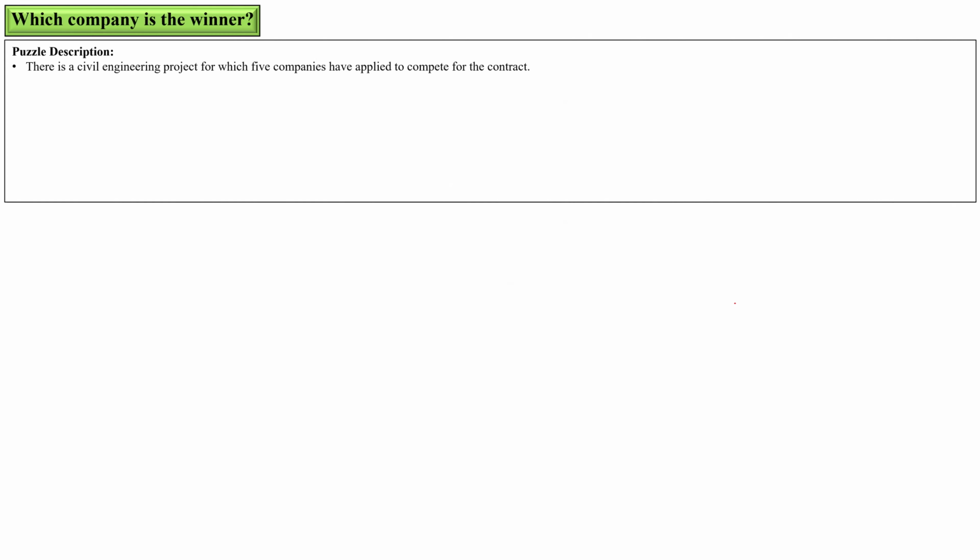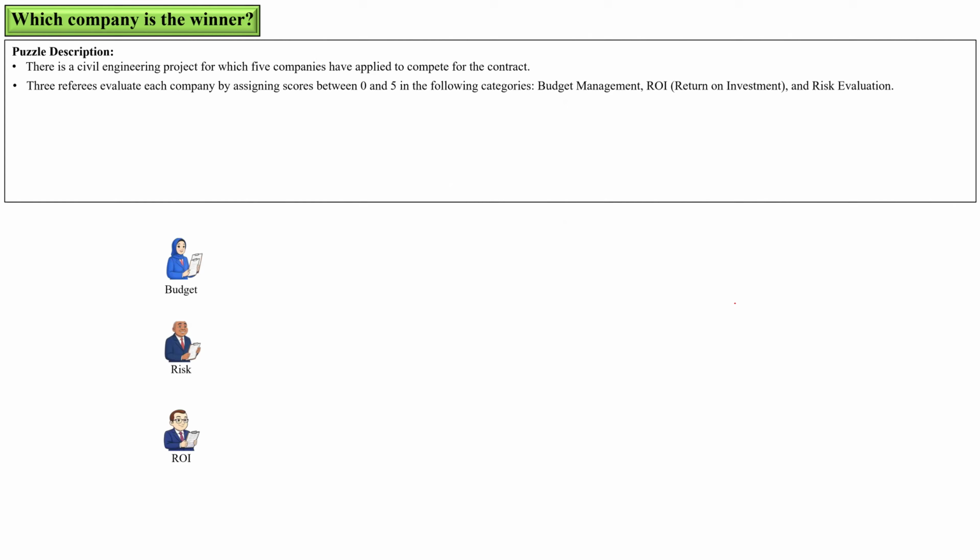Okay, and all of the applications would be evaluated by 3 referees. The first referee is a budget referee, the second one is a risk referee, the third one is an ROI referee. They evaluate the application and then grade it based on its quality, right?